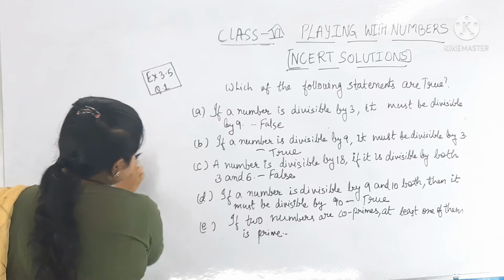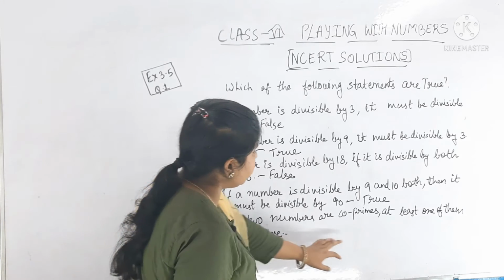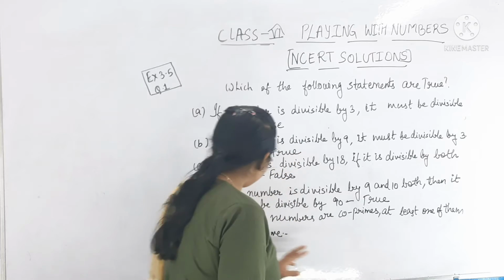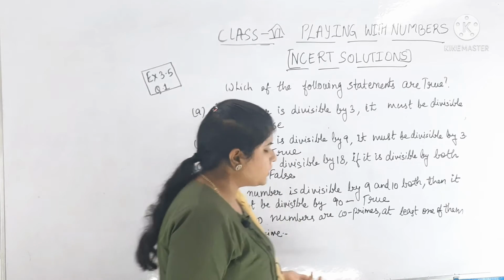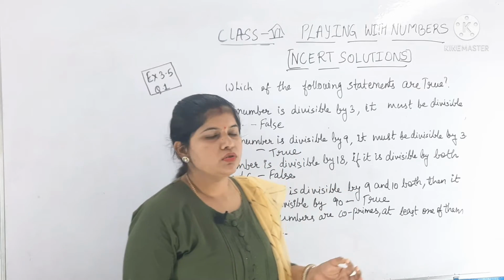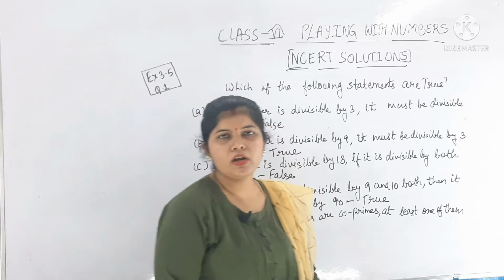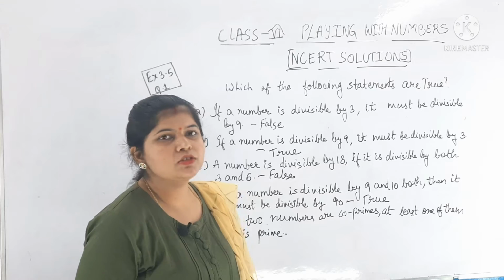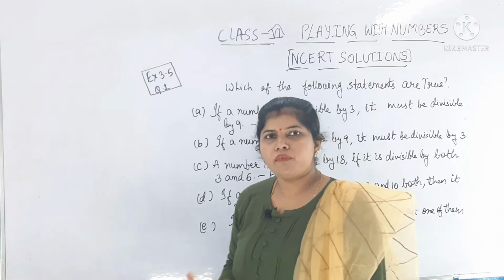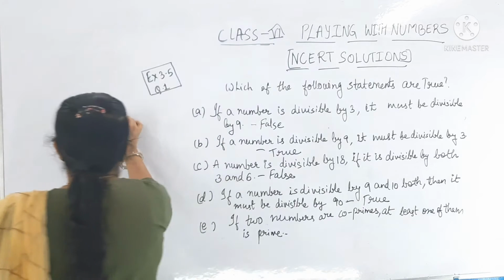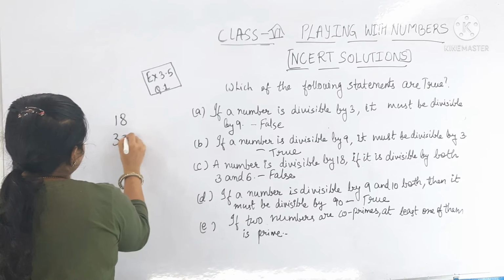Part E: if two numbers are co-primes, at least one of them is prime. It is saying that for numbers to be co-prime, at least one of the numbers should be prime. But it is not essential that one of the numbers is prime. Let's see one example, 18 and 35.